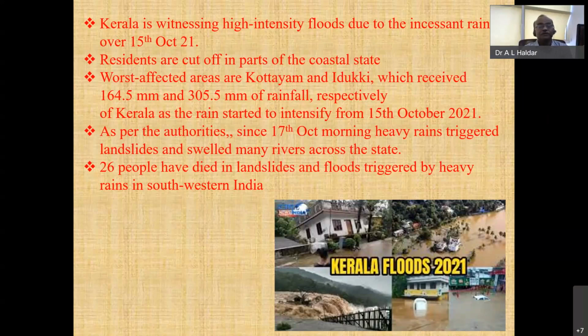Now, how will the impact be in that area, especially in the south, for the flood? As per the incident on the morning of the 7th, heavy rain triggered landslides. There were a lot of casualties there also.